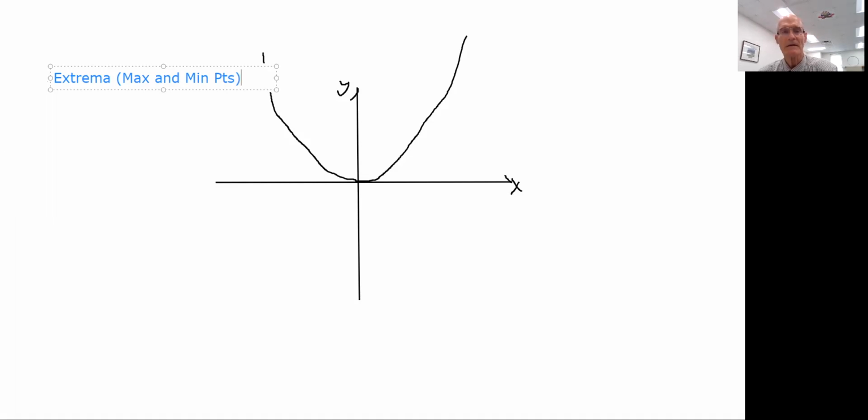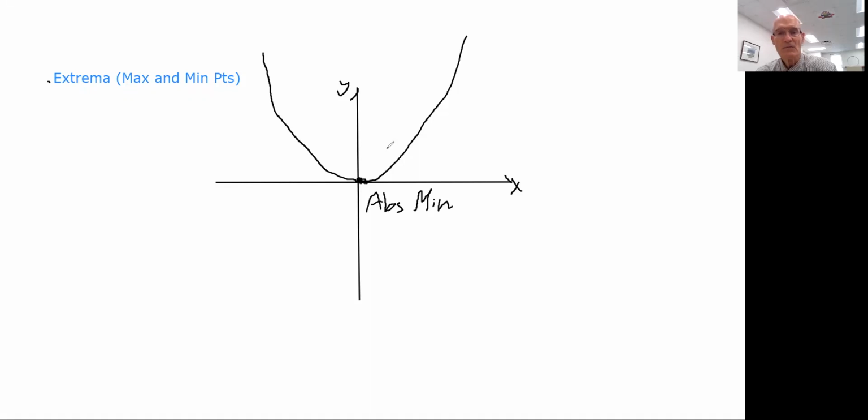So in the case of a parabola here, this point at the origin, which is the vertex of the parabola, would be an absolute minimum point. We do ABS and min. It's an absolute minimum point because there's no other range value, no other y value in the whole graph, that is lower than that.